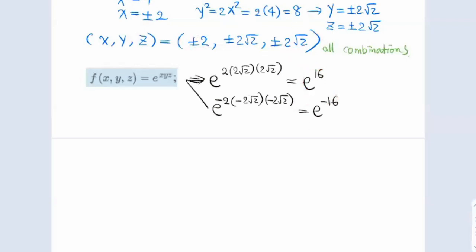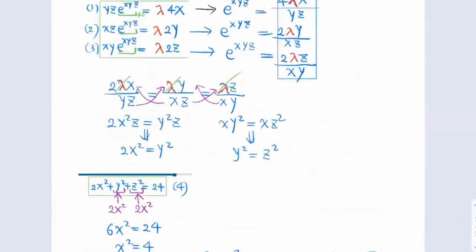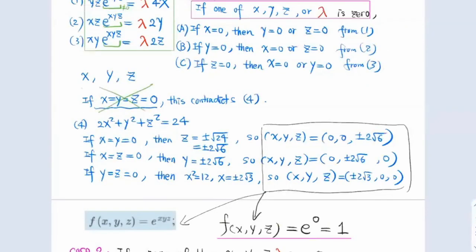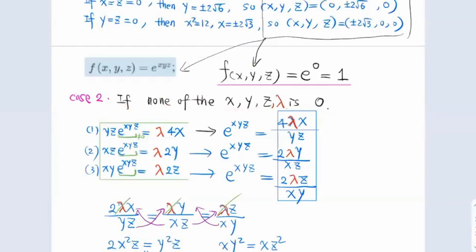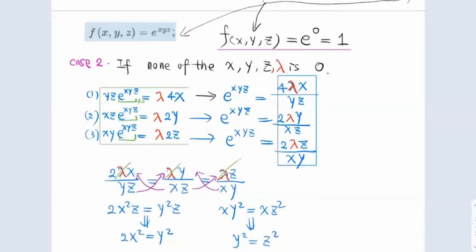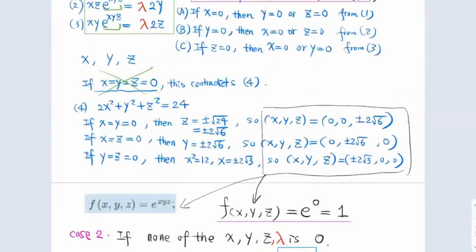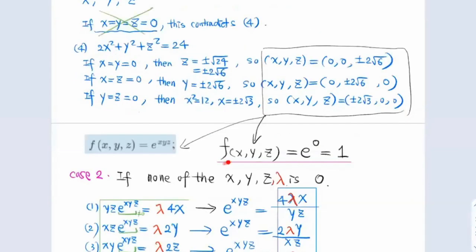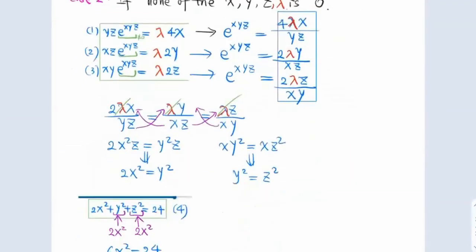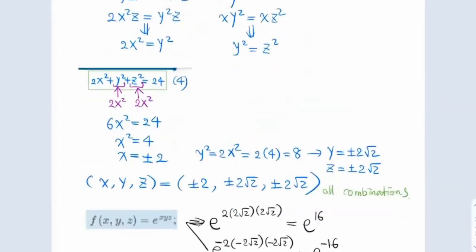Okay. Now we found those, right? So there are only 2 cases. One case is if one of the x, y, z or lambda is 0. The other case is if none of them is equal to 0. We cover all the cases. For the first case, we come up with those xyz, and we found the function value is 1. For the second case here, we found the function values will be e to the 16 and e to the negative 16.